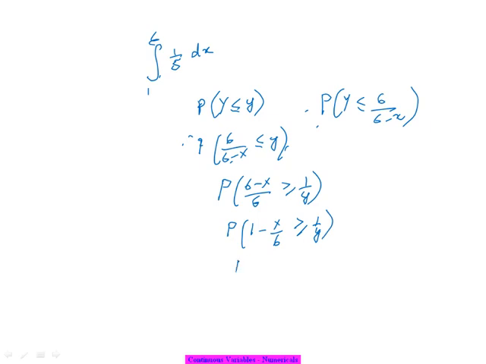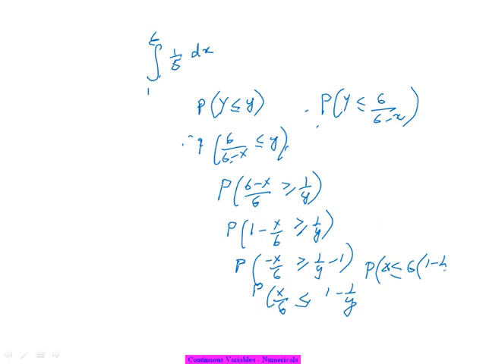Now I can simplify it to saying P of minus x by 6 greater than or equal to 1 by y minus 1. P of x by 6 less than or equal to 1 minus 1 by y. So, P of x less than or equal to 6 into (1 minus 1 by y).